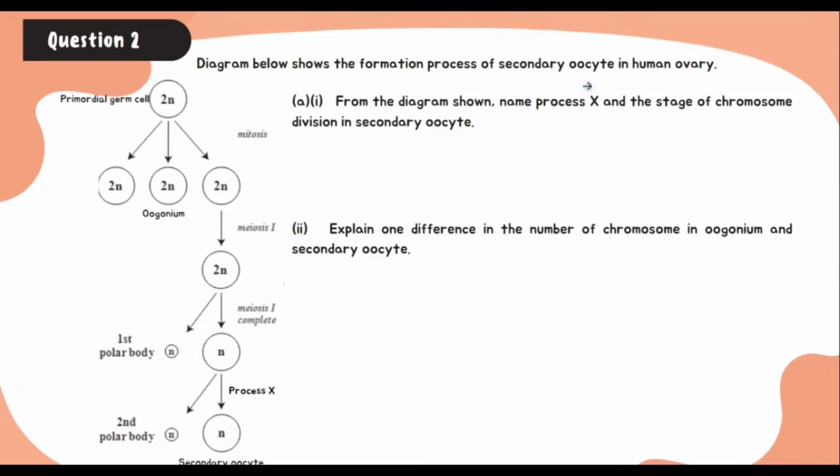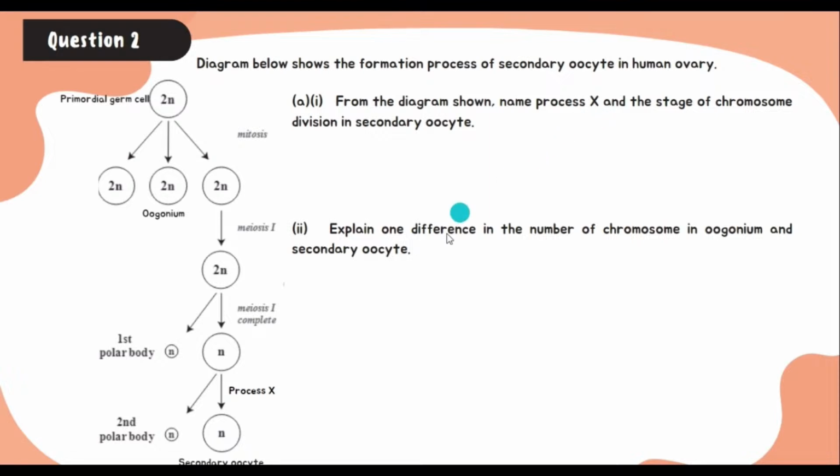Yes, the oogenesis process. Okay, let us take a look at the first question, A1, which consists of 2 marks. From the diagram shown, name process X and the stage of chromosome division in the secondary oocyte.